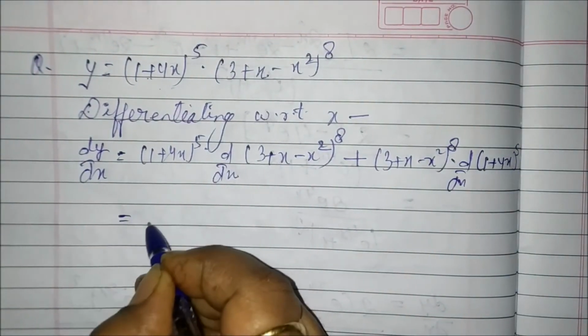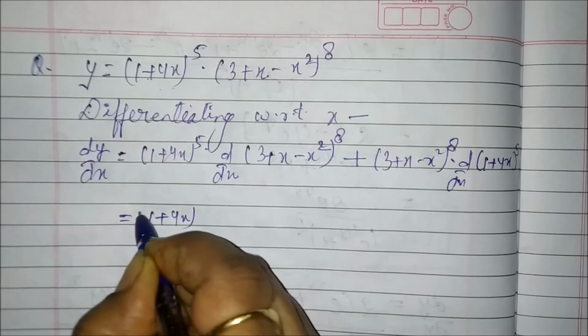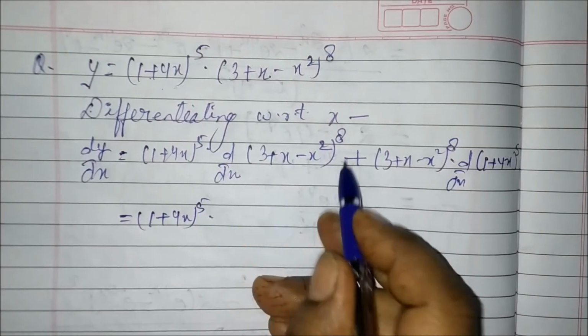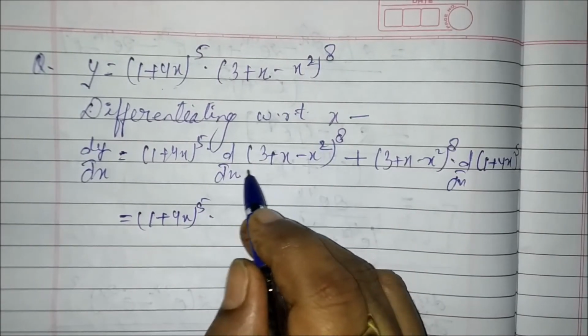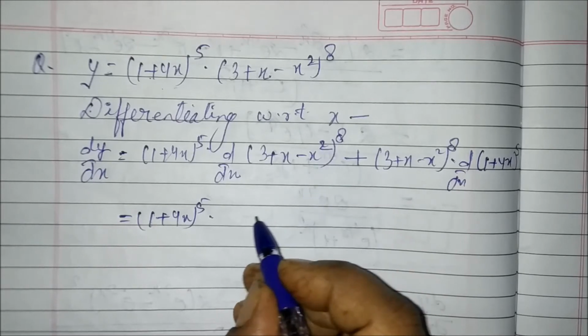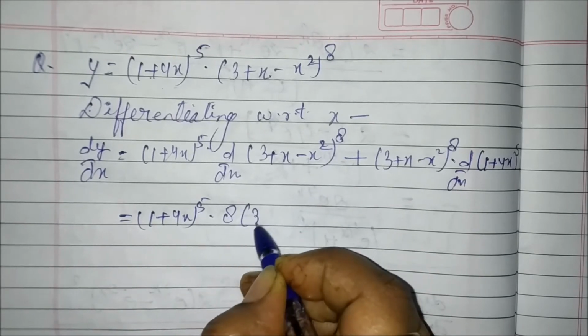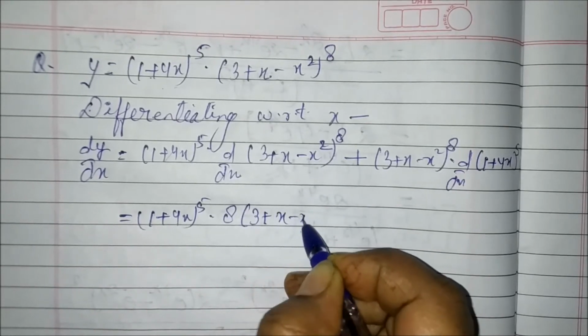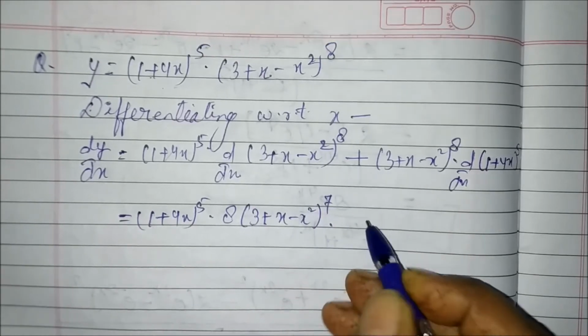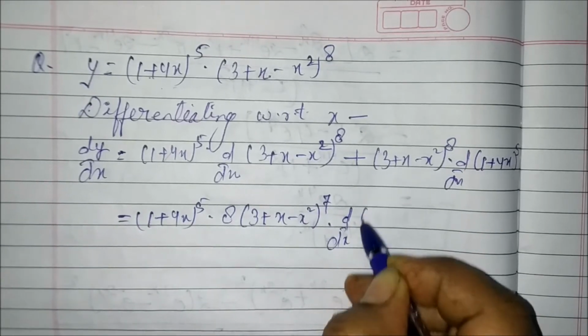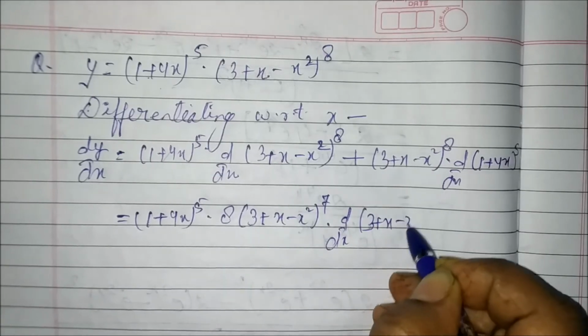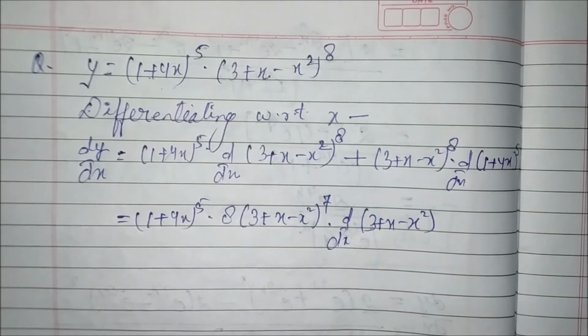Okay. Now copy this. Derivative of this is like x raised to n. So we have 8 into (3 plus x minus x square) raised to 7, into d by dx of (3 plus x minus x square).